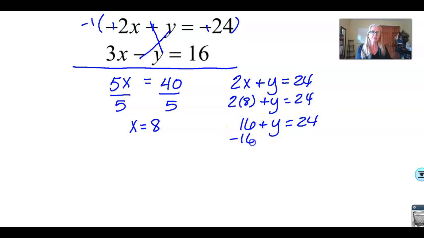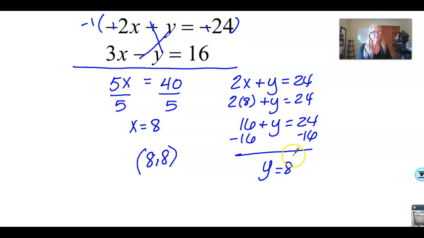And then I subtract 16 from both sides, and I get y is 8. Oh, well, okay, so x and y were both 8. Weird, but okay. 8, 8. Just kind of threw me off there for a minute. I'm like, did I do that right? I hope I did. Okay.